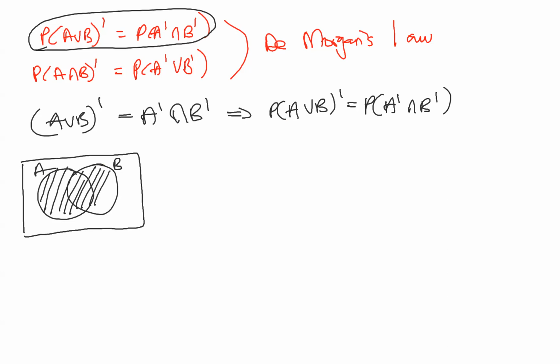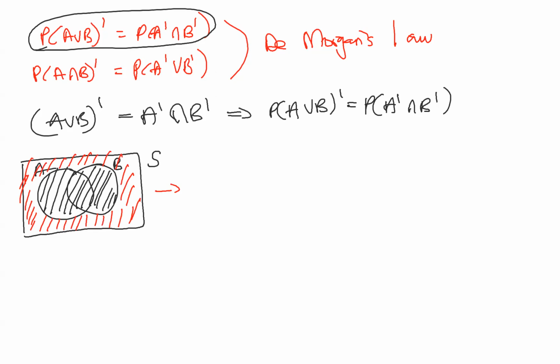So this is the universal set, the sample space. So (A union B) complement will be every space outside A union B. So this whole place is (A union B) complement. So in effect, our (A union B) complement is the part shaded in red.